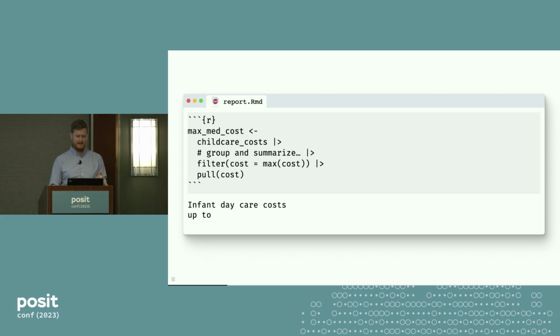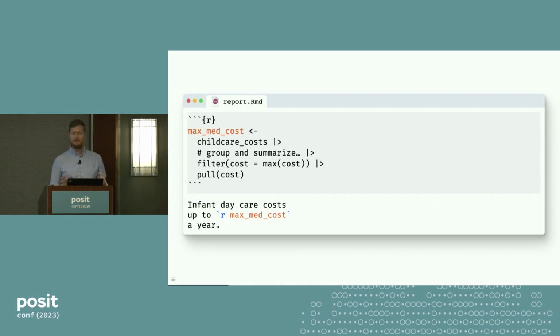And having this context, they can take that variable and use R's inline code syntax to embed the max median cost of childcare right into the sentence with a little backtick R and then the variable and another backtick. This is the power and the promise and just what makes R Markdown wonderful, right?